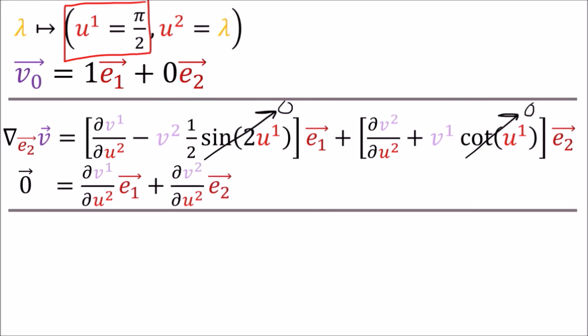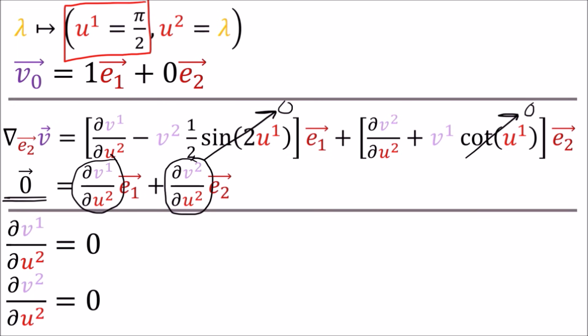And remember, we're enforcing that the covariant derivative is the 0 vector, so we get that this expression is equal to the 0 vector. And really, this means that both of these partial derivatives of the vector field components are equal to 0. And that simply means the vector field components are equal to constants c1 and c2.